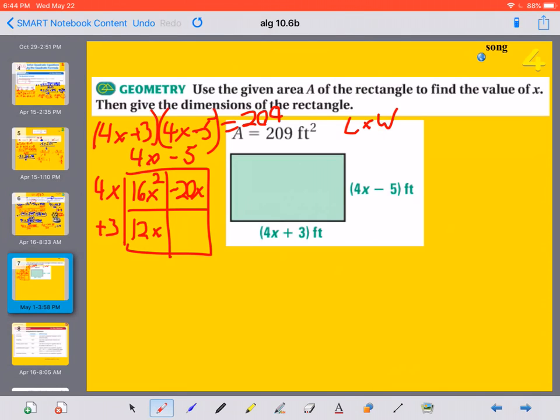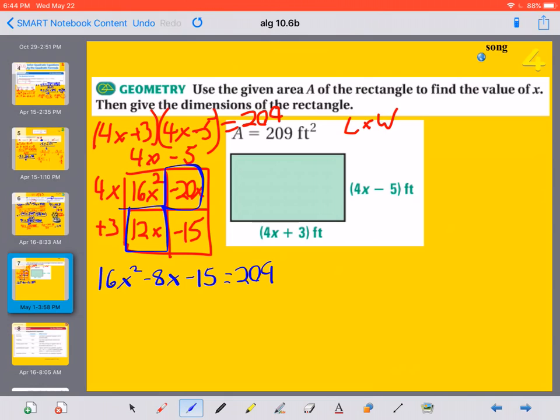And 3 times negative 5 gives me a negative 15. Now I can add these two x's together because they are like terms. So I'm going to get 16x squared minus 8x minus 15 equals 209.